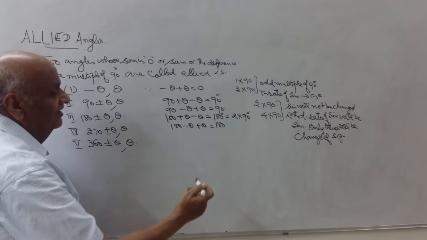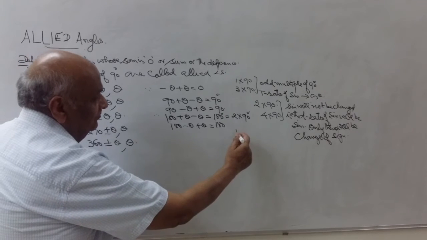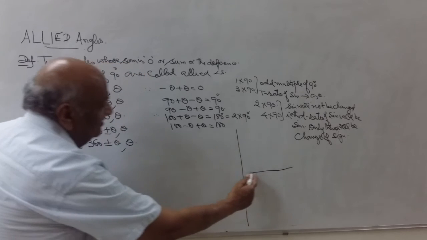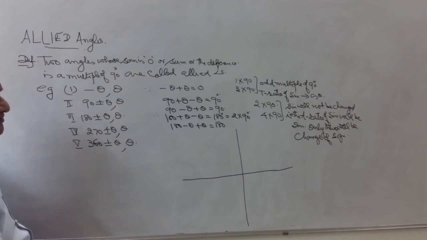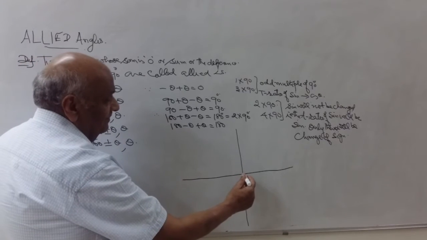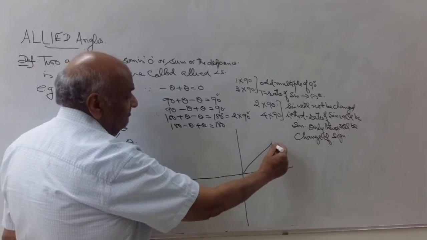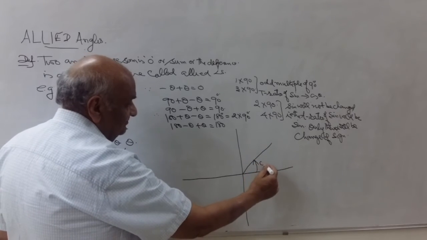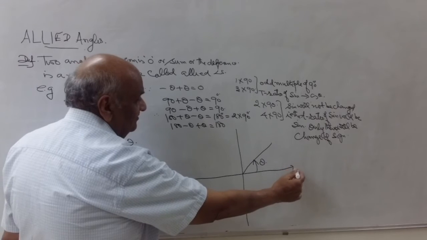Now we just draw a figure before you. You just keep in mind this figure. All the T ratios you will be able to remember without any difficulty at all. Look, the first quadrant. Here this angle is theta. The first quadrant.